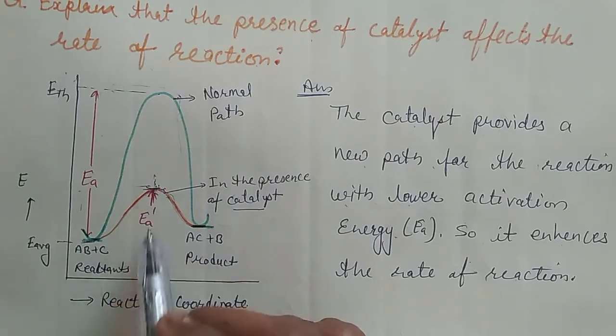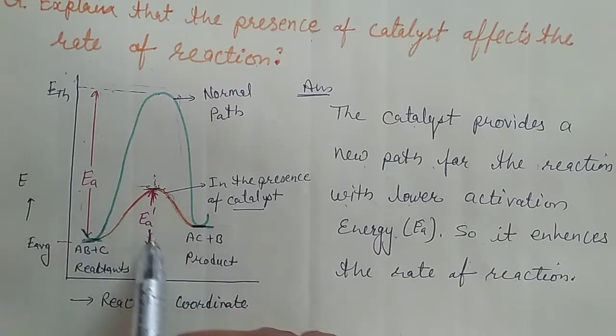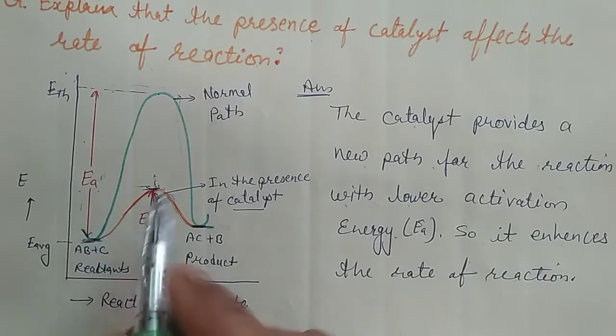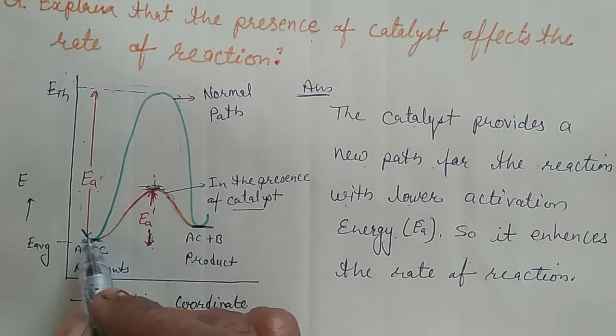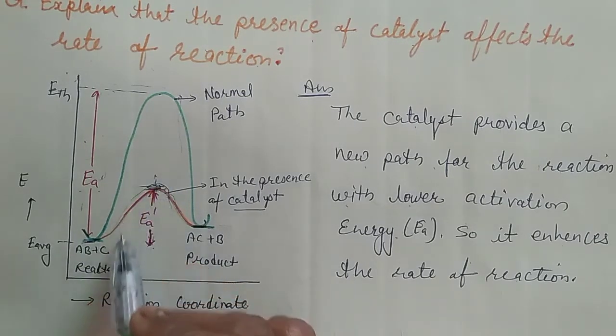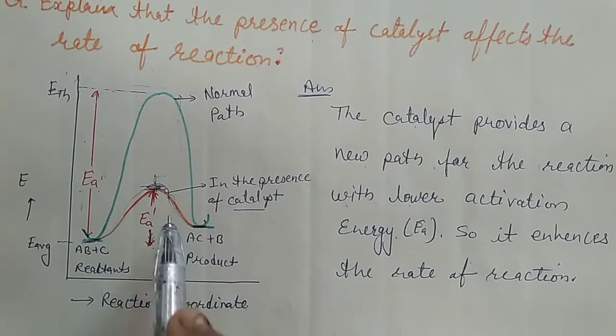Ea dash is very much less than Ea, meaning the activation energy is very much less than the activation energy in the absence of the catalyst. So it is easy to convert the reactant particles into product particles. As activation energy is less, the rate of reaction is more.